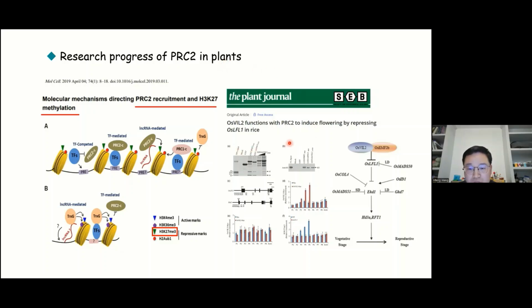For example, in rice, it has been reported that one of the PRC2 members, EMF2B, could combine with VIL2, then repress downstream gene LFL1 expression, and finally induce flowering.